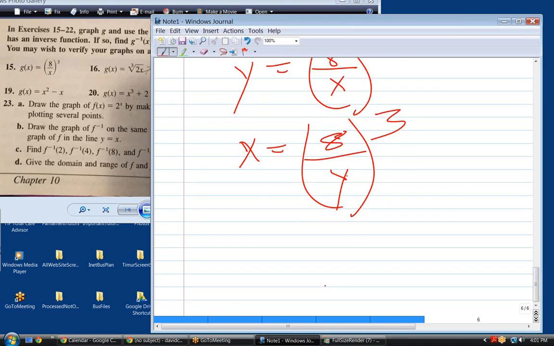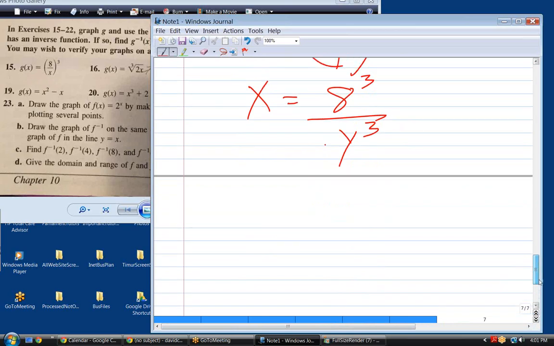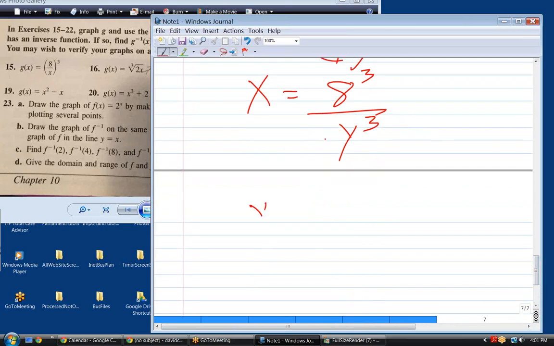In other words, to solve this for y, first of all, let's expand it. It's 8 cubed over y cubed, correct? Yeah. Okay, and now we want to multiply both sides by y cubed. Divide both sides by x.